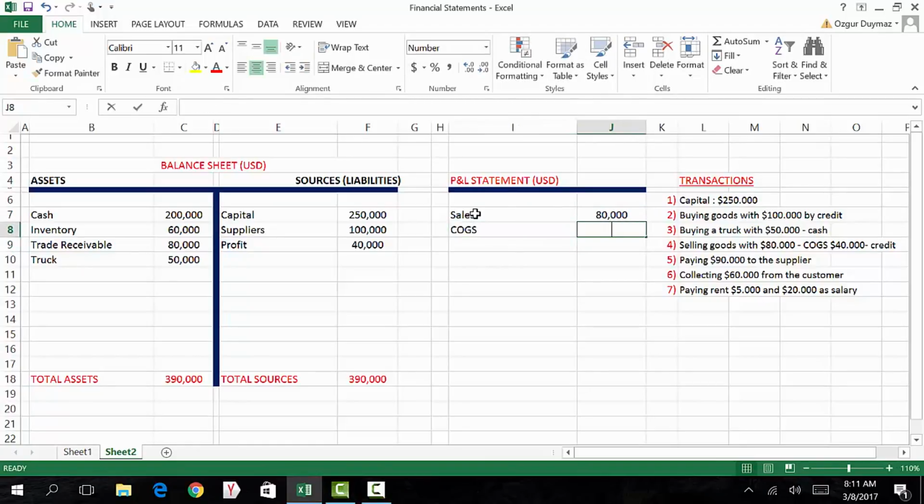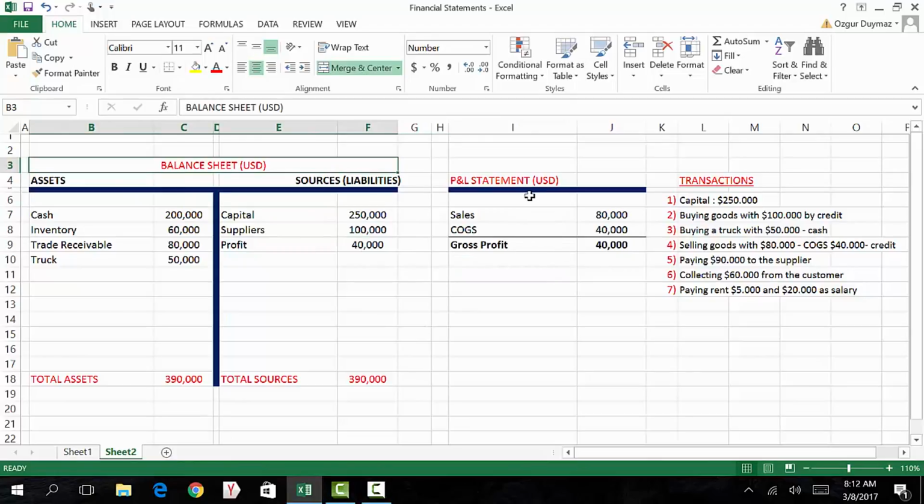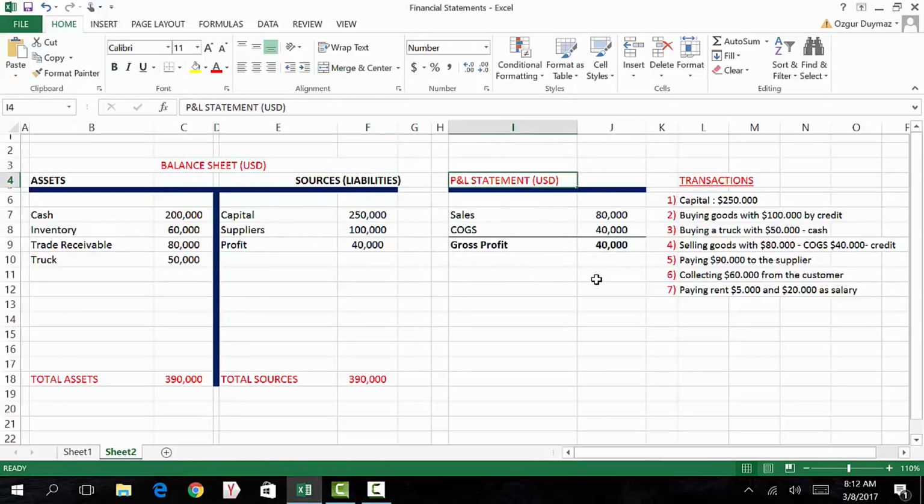This is 40, and the difference is gross profit. Sales minus cost of goods sold. Look at that. Profit on the balance sheet is the same as profit on the profit and loss statement. They must be the same. This is a very important point.